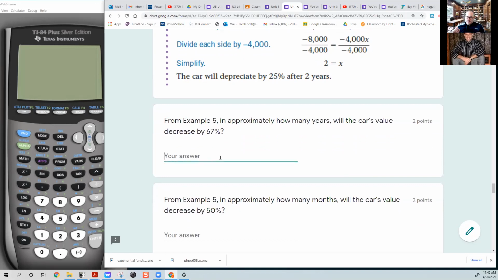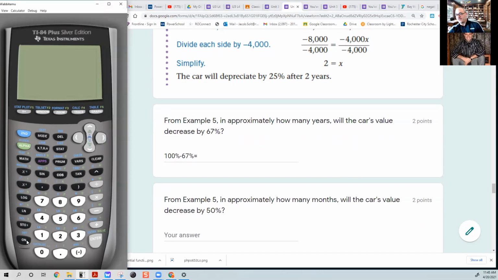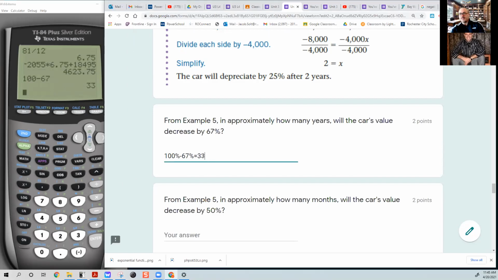Okay. So my first step is to find out what I'm actually looking for. I want to take 100% minus 67%. 100 minus 67, okay, 33. So I'm really looking for 33%.